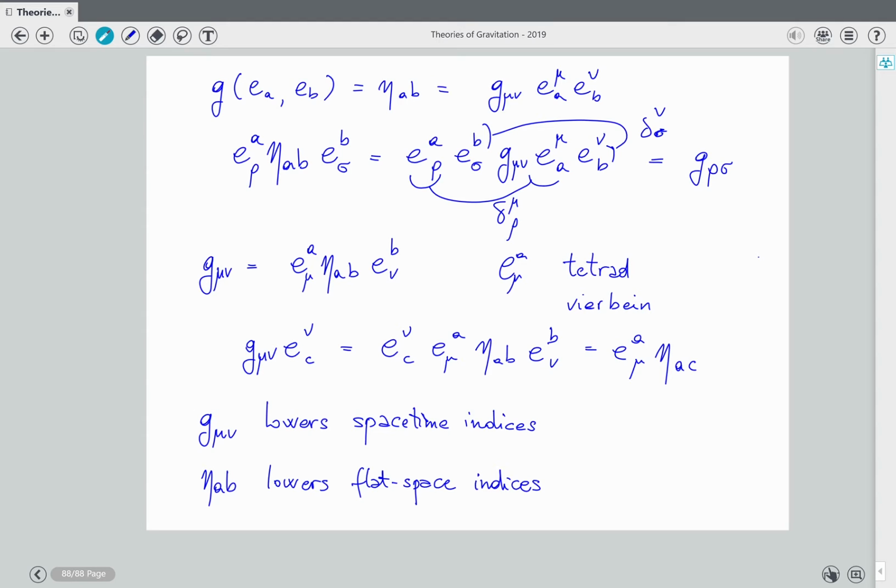So for the moment we have seen how to write the metric in terms of the tetrad or Vierbein. And now we will see the torsion and the curvature. Okay, so let's start from the connection actually.